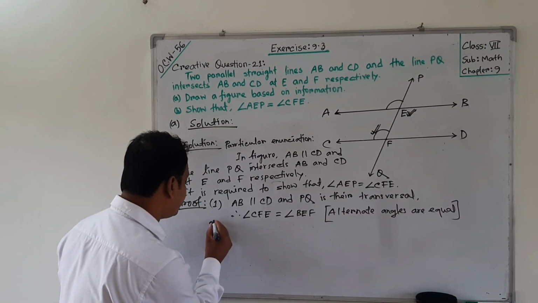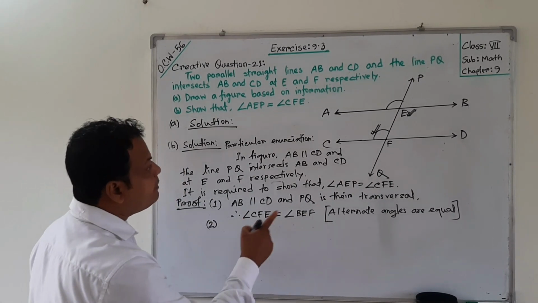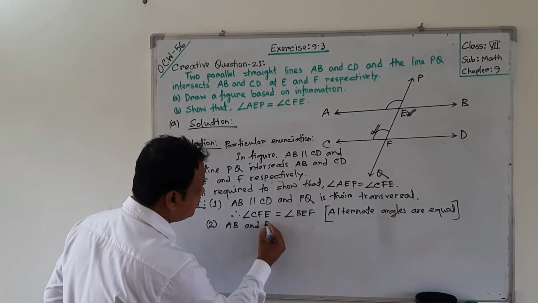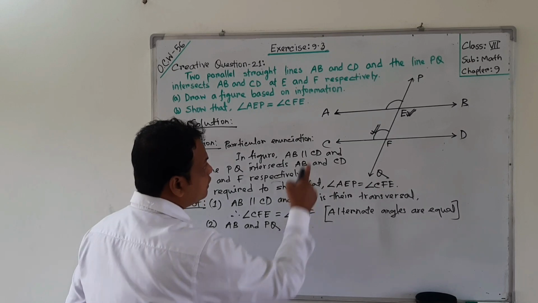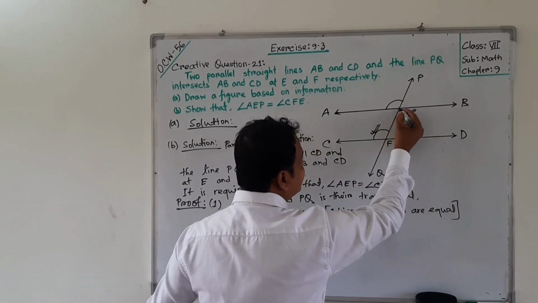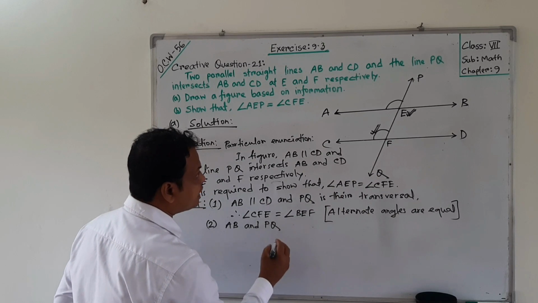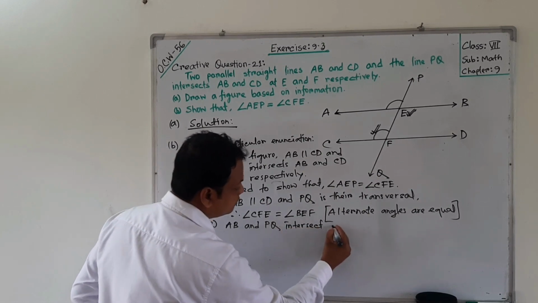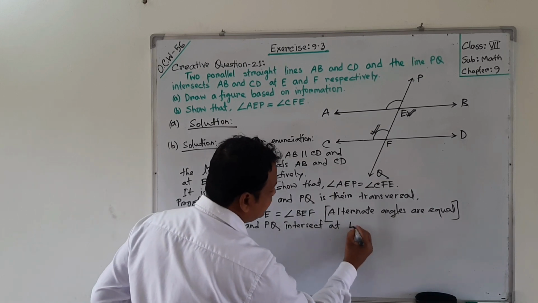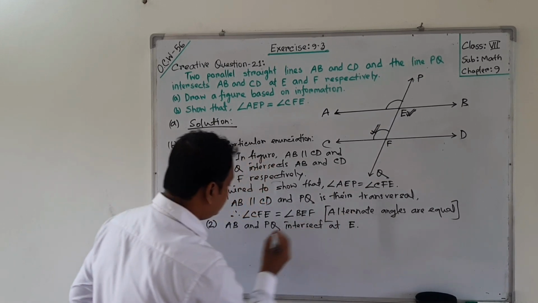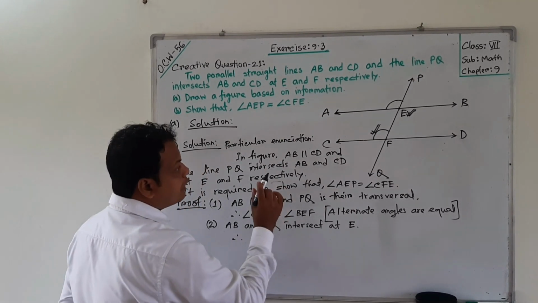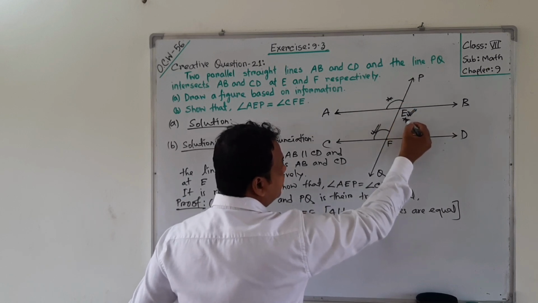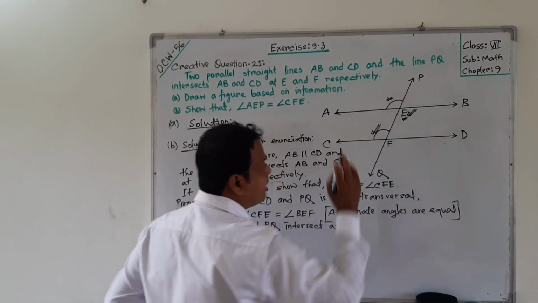Now in 2 number point we will get AB and PQ. AB and PQ intersect at this point, at the point E. Therefore we can write this angle and this angle will be vertically opposite angles.